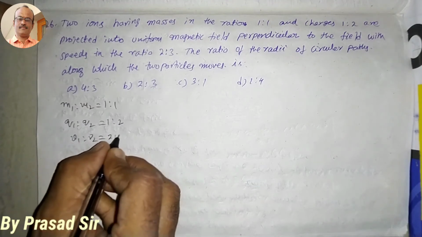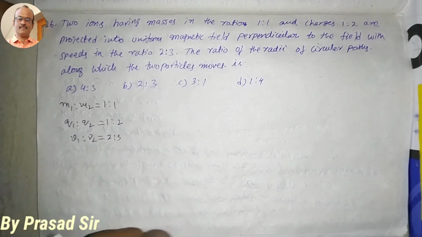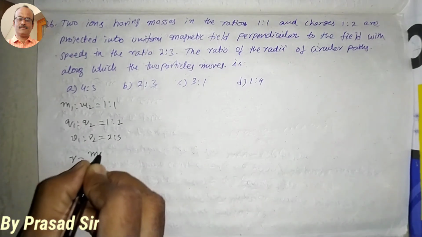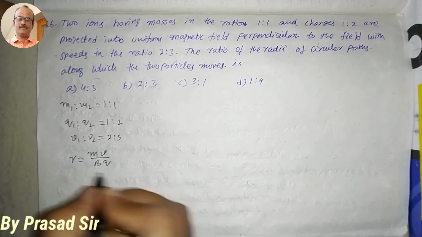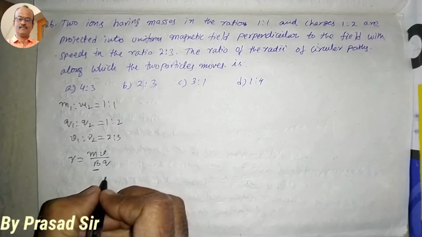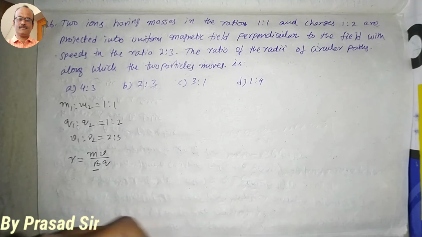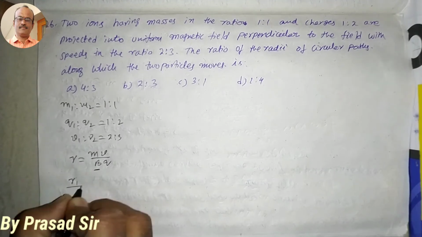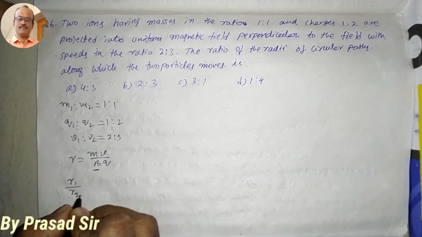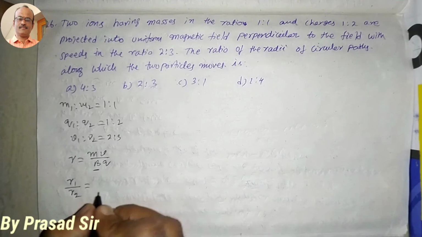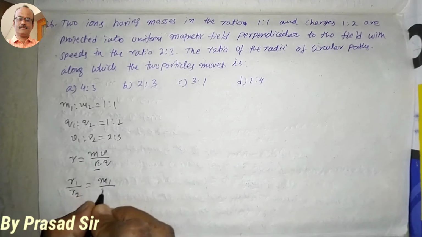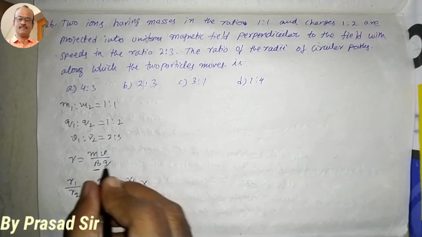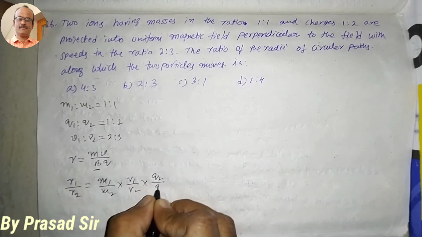But when the charge is projected into the uniform magnetic field, the radius R is equal to mv by Bq. But here B is constant. Why? Because all these charges are projected into the same magnetic field. So which are the variations here? Simply I will write R1 divided by R2, that means we want to calculate the radii, is equal to mass M1 divided by M2 into V1 divided by V2 into, here inversely proportional, Q2 divided by Q1.